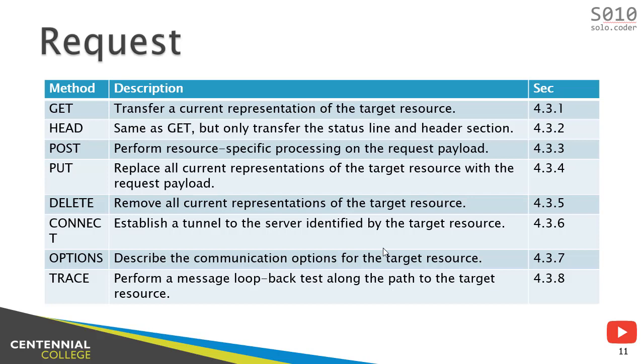Post is used when you need to change information in the server. When you fill out a form and you click the submit button, that information in the form needs to travel back to the server. So it's not using a get, it's using a post. A post is to send data from the client to the server. That data will be stored, will change data, will do something there.